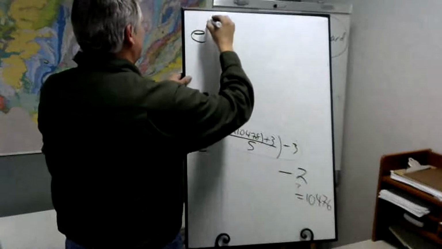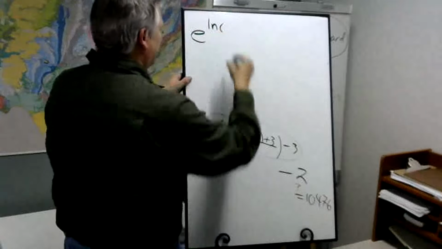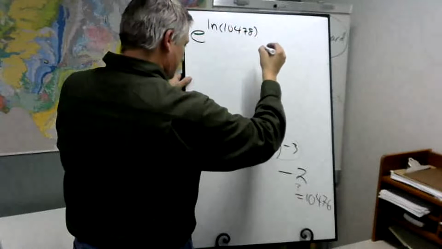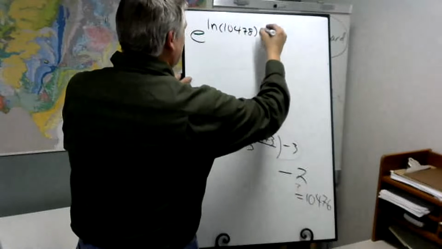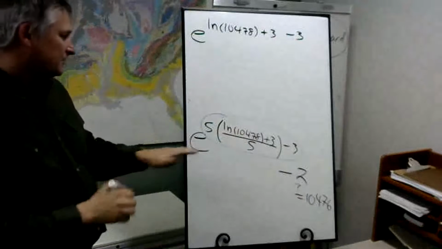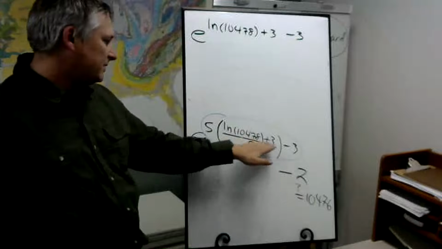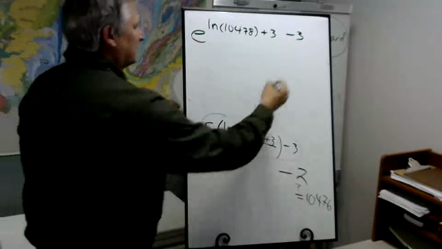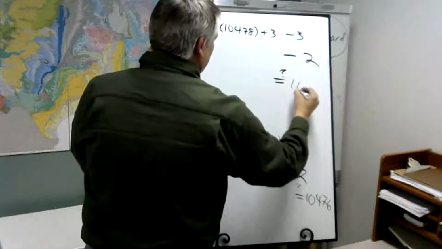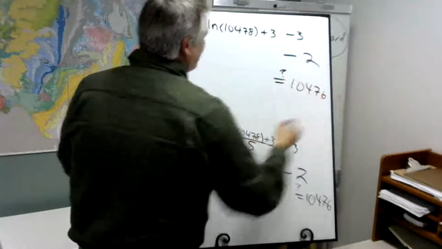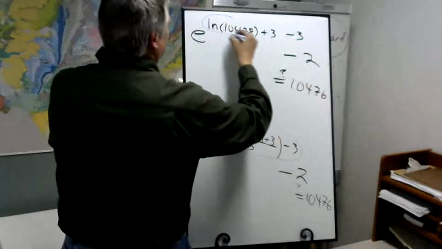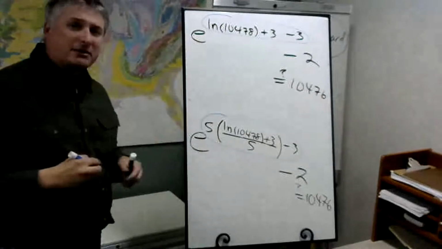So we get e to the natural log 10,478 plus 3 minus 3. So the 5s cancel, you get this plus this minus that. Subtract 2, and does this equal 10,476? And again, this whole thing is still the exponent of e.